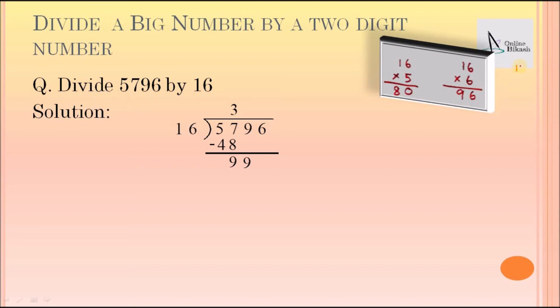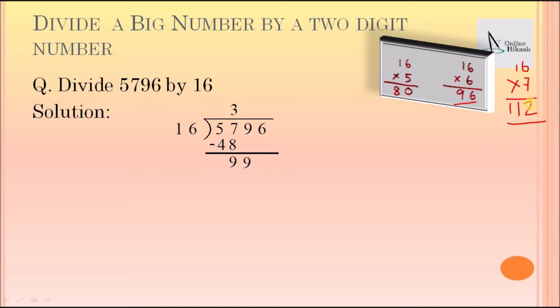16 7s. If you do 16 times 7, I think you will have 112. Between this 96 and 112, the 99 will lie. So we will take the smaller one.